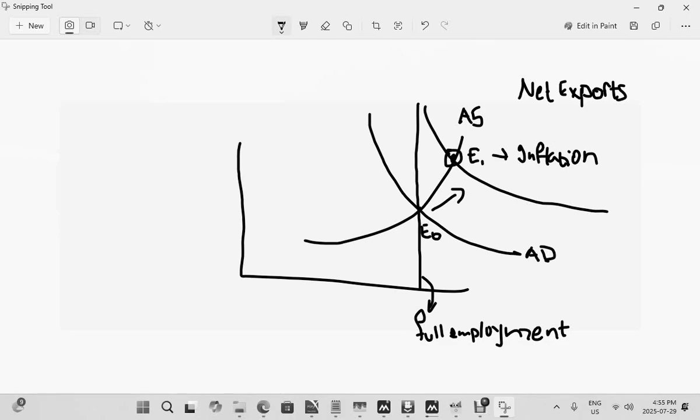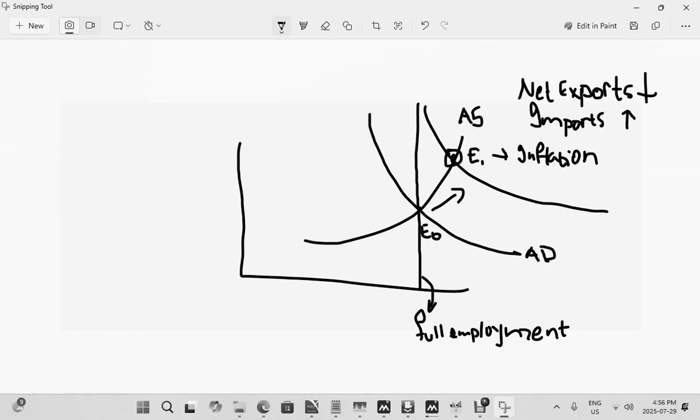For that reason, they look outside national boundaries to meet their demand, which basically means they import products and services. If they don't find a product or service within a country, they look outside the country and import. So imports will go up.